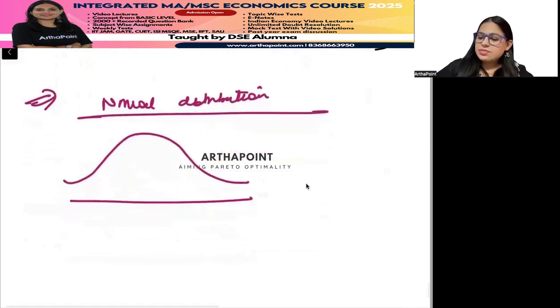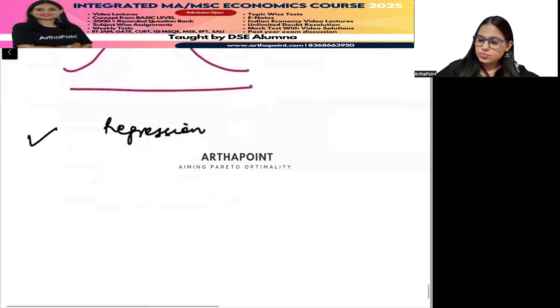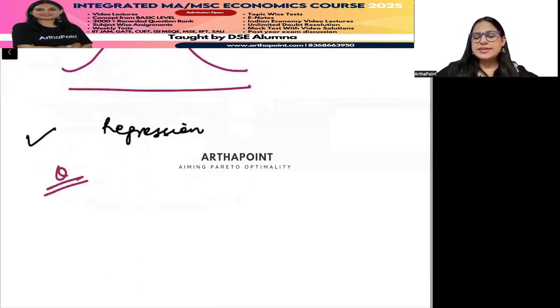Then, beta, there can be questions on regression models also. Not very difficult questions, basic questions आएंगे, but regression models can be asked in the exam. So for example, this is a 2022 question.